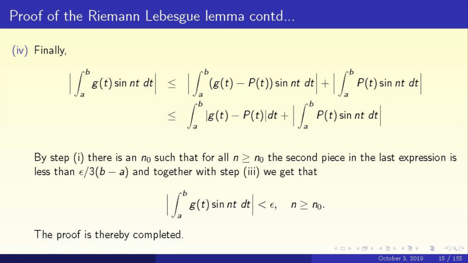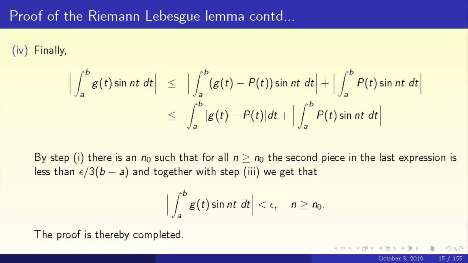I add and subtract p(t). It will be less than or equal to mod integral a to b of (g(t) minus p(t)) sin nt dt plus mod integral a to b of p(t) sin nt dt. Look at the first piece.